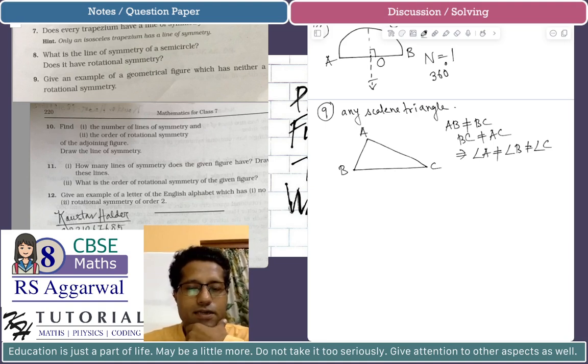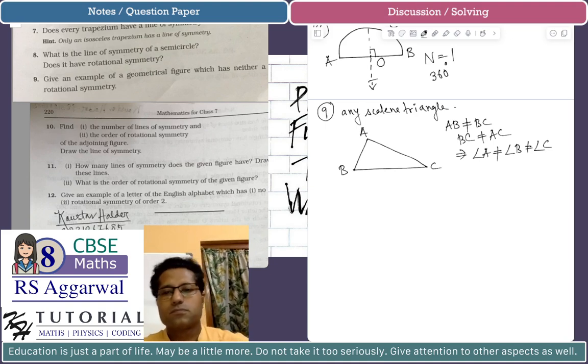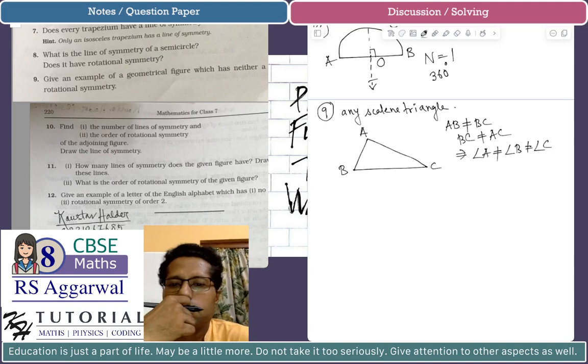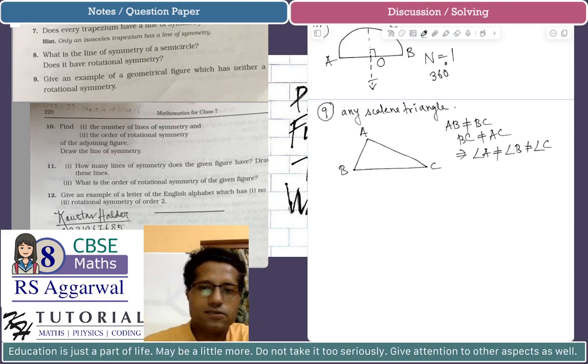So this scalene triangle will never have any line of symmetry, and it will not have any rotational symmetry as well. So I think a scalene triangle is an example.